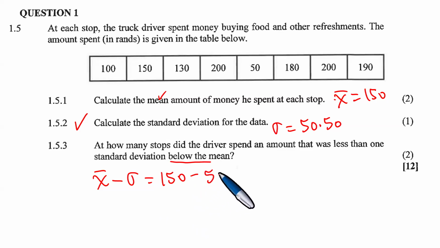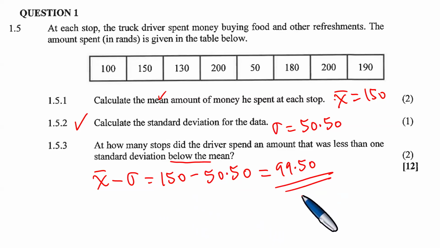You know that the mean is 150 and the standard deviation is 50.50, and therefore this is 99.50. If it is 99.50, you are in a position to say at how many stops the amount is less than this.